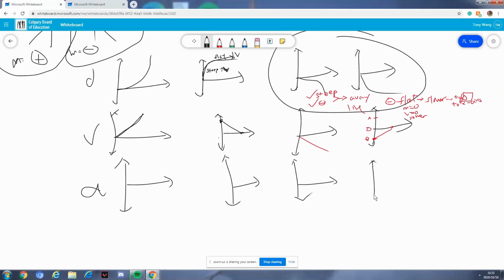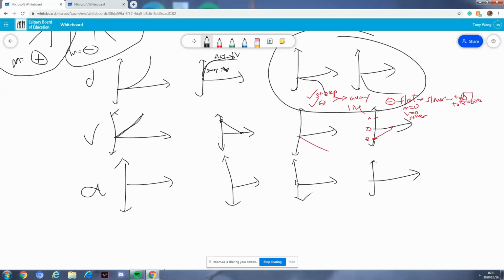And why do they accelerate? Why do all of these scenarios have an accelerating object? Because it is an object moving. Okay, well, something can move and doesn't have to accelerate.